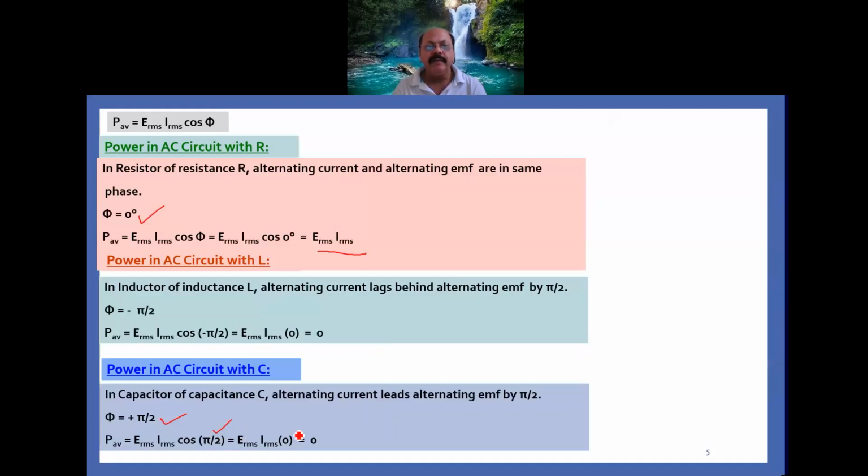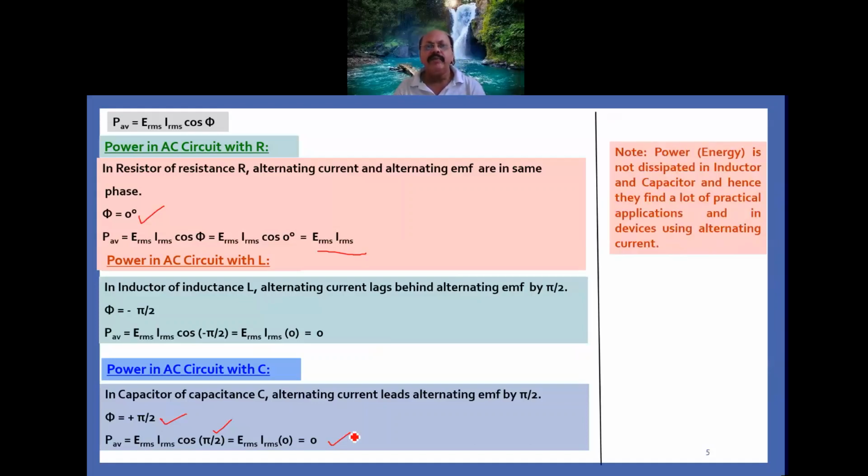So again you will get P average equal to 0. So in the case of a capacitor and inductor, the average power is 0. You have to note down here that power is not dissipated in an inductor and capacitor, and hence they find a lot of practical applications in devices using alternating current.